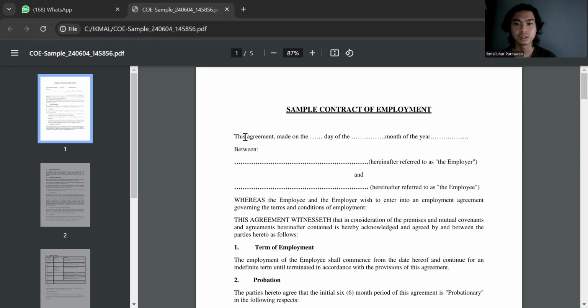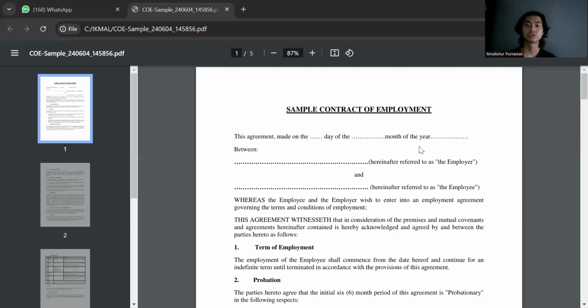It is stated in this contract: this agreement made on the blank day of the blank month of the year blank between the employer and the employee. So the day, the month and the year stated in this contract are to validate when this contract was made.